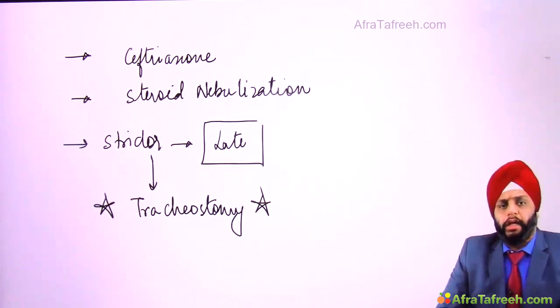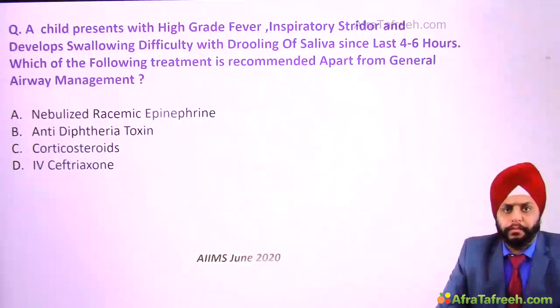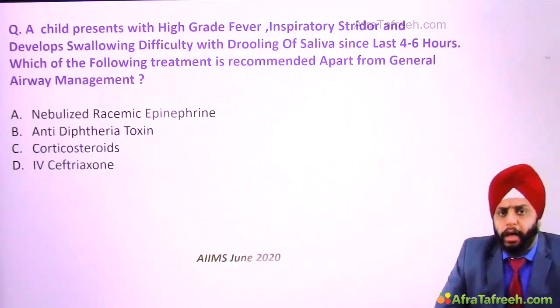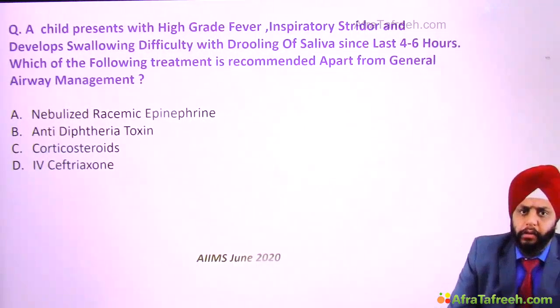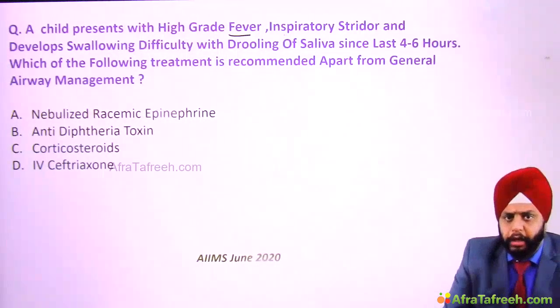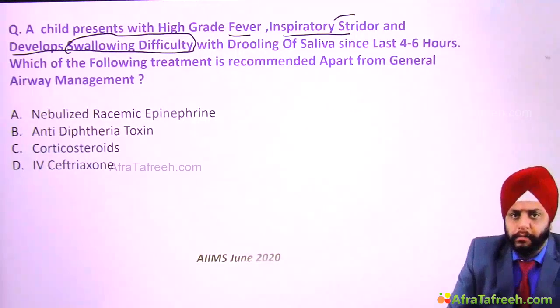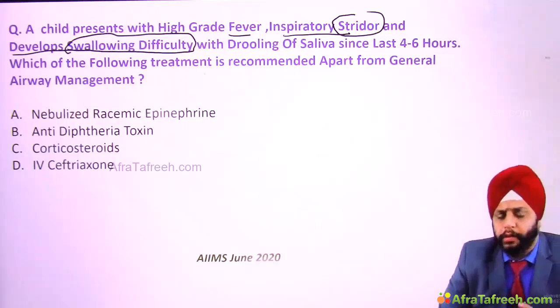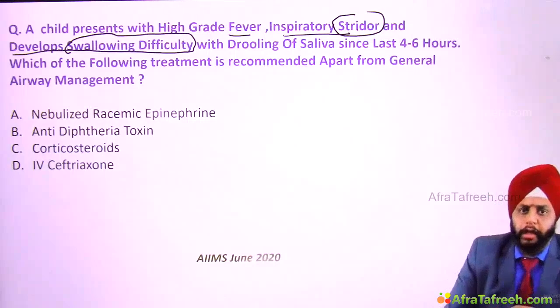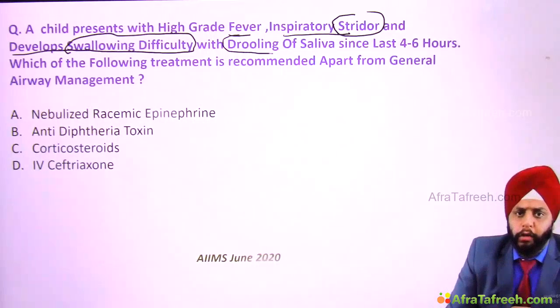Now, let's look at this question. A child with high-grade fever, inspiratory stridor, and develops swallowing difficulty. So respiration is compromised, there is swallowing difficulty, and there is drooling of saliva.